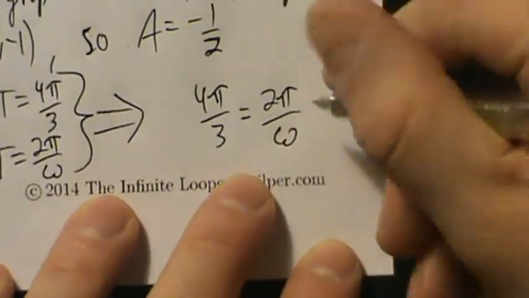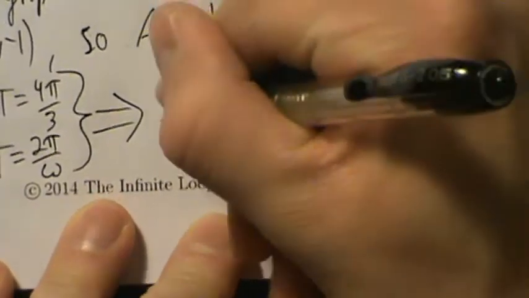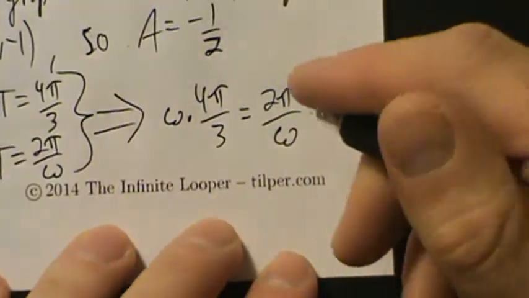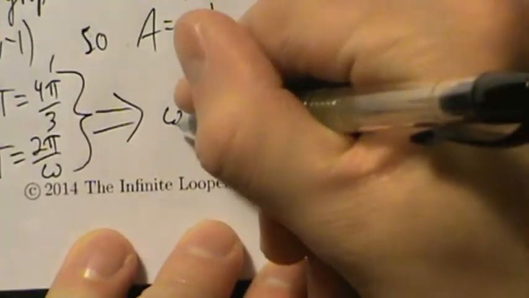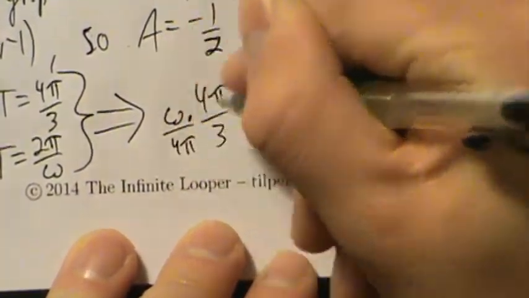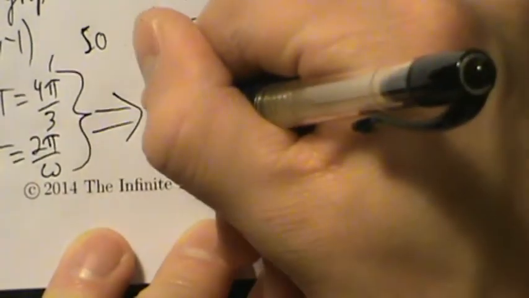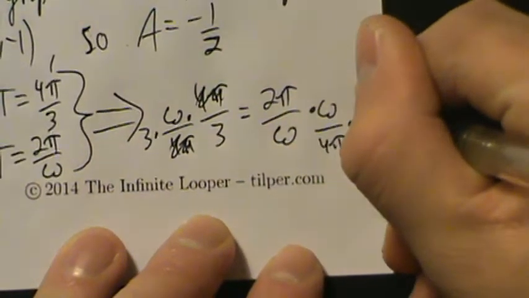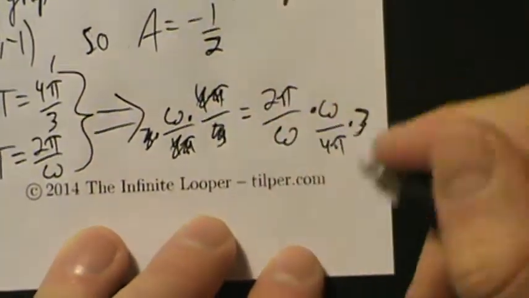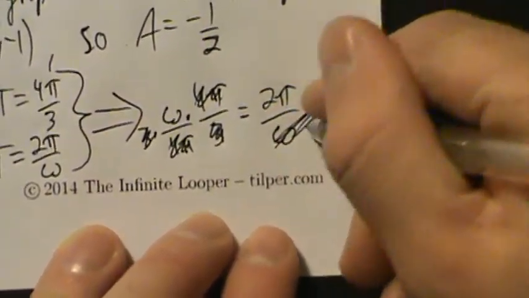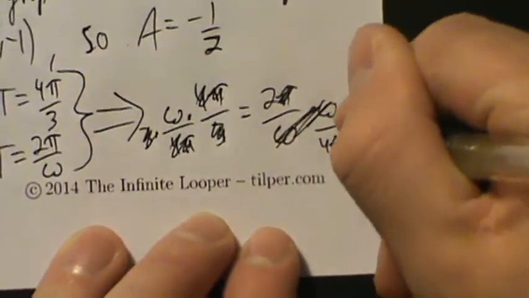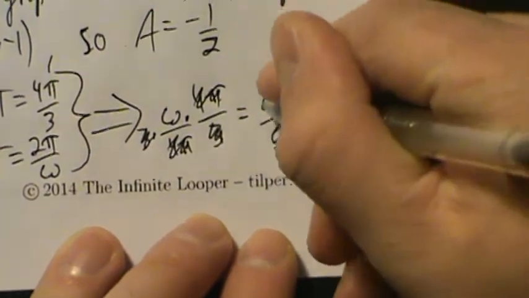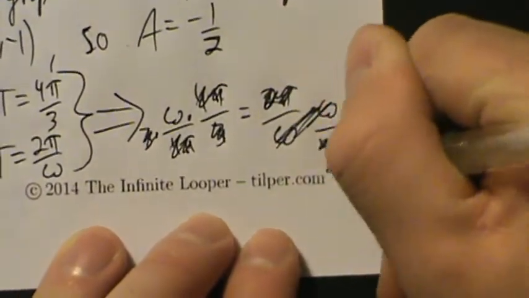Multiply both sides by omega, and then let's also divide both sides by 4 pi, and then multiply both sides by 3. Is that the slickest way to do it? No, we can do it all in one step, but whatever. So 3 here. Then the omegas cancel, the pi's cancel, and 2 goes into 4 twice.